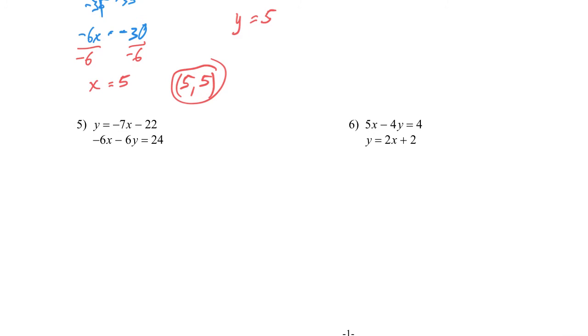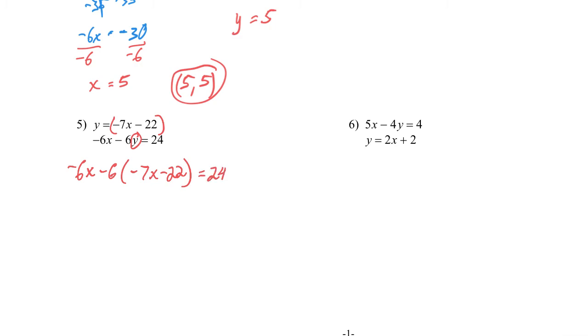Okay, then number 5 is a substitution type. So when one of them is solved for the variable, or both, like the first one, when you have them solved for the variable, then what I would do is substitute in for that variable. So the y in the second equation is going to become the negative 7x minus 22.